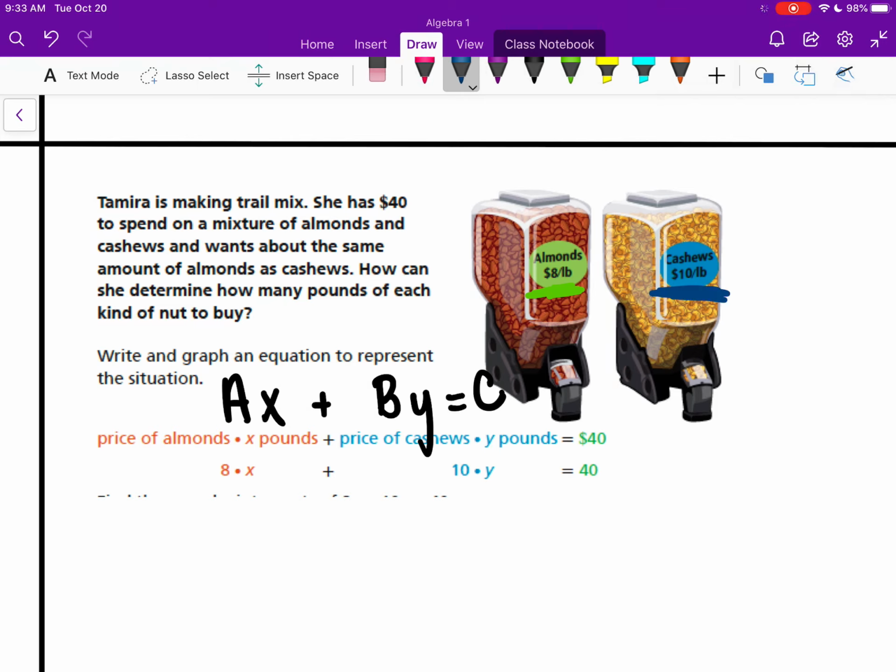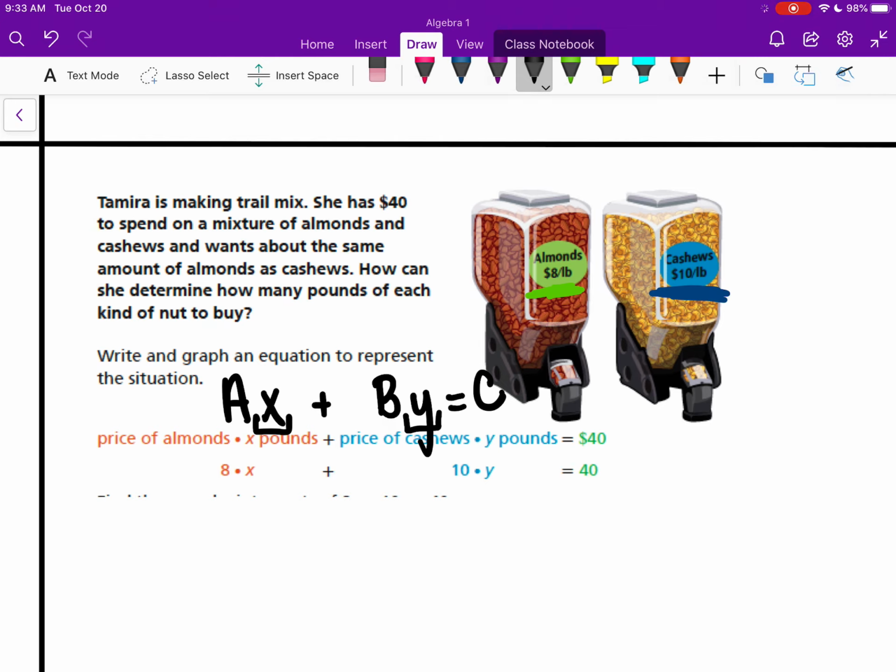And what we don't know is how many almonds she can buy and how many cashews. So think in algebra, how do we represent things we don't know? We use variables. So that's what this example here is going to do. We don't know how many pounds of almonds we can buy, so we can represent that with an x. We don't know how many pounds of cashews we can buy, but we can represent that with a y.